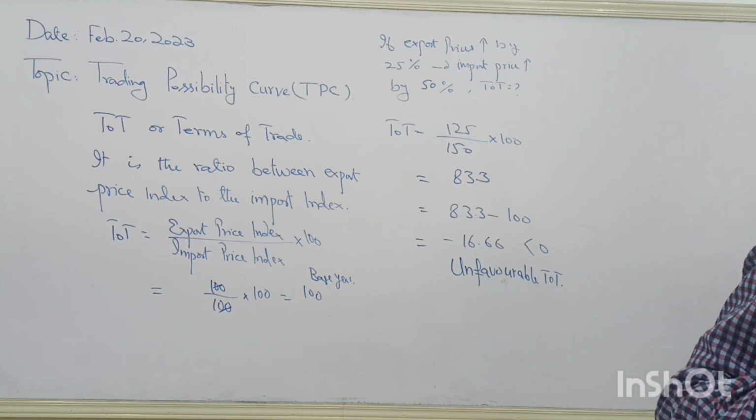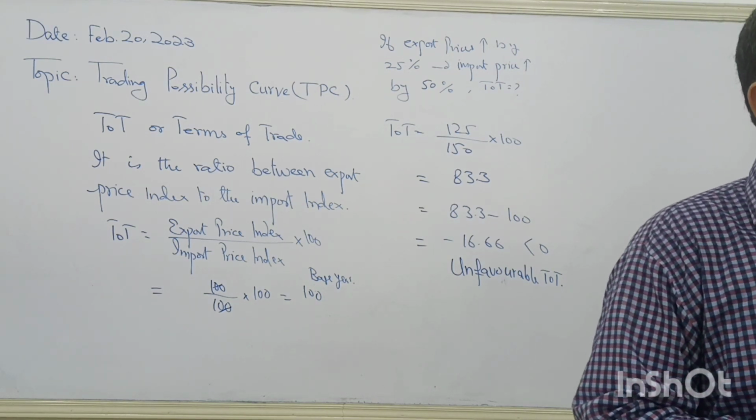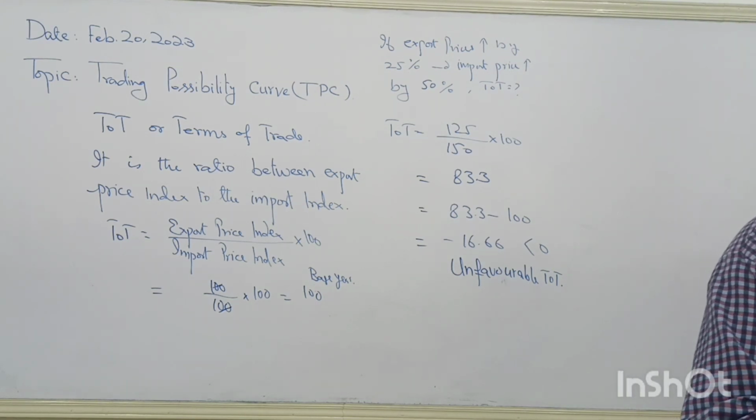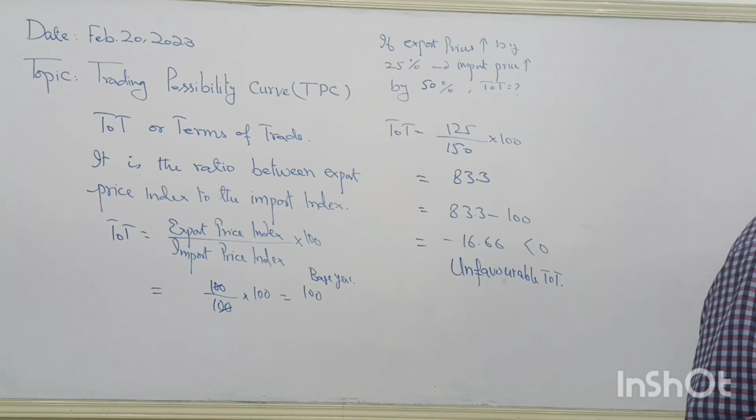Whereas if the goods are income elastic, then export prices will further increase, so in that case terms of trade will be favorable. Or sometimes we have inelastic imports like oil; if oil prices are increasing, oil exporting countries will have favorable terms of trade, whereas oil importing countries will have unfavorable terms of trade.